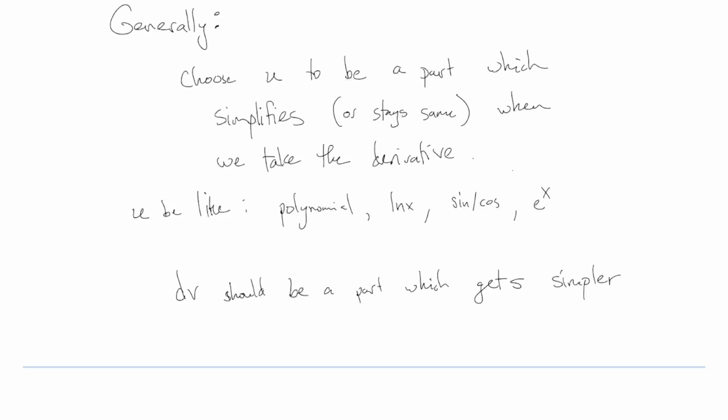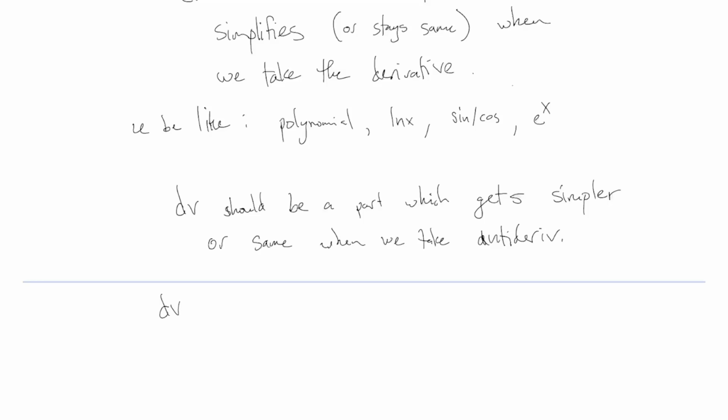There aren't a lot of functions which get simpler when you take the antiderivative. But anyway, it should be a part which gets simpler or the same when we take the antiderivative. And dv can be like e to the x, sine, cosine. Those are typical things that you choose to be the dv, all right?